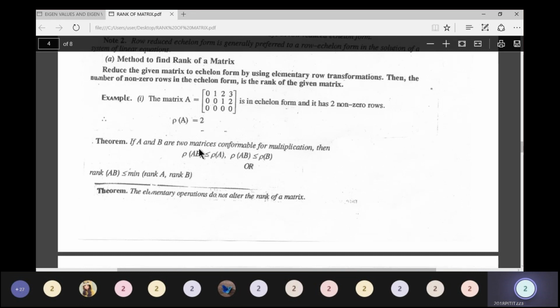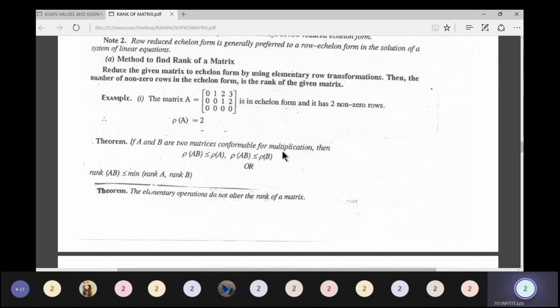If A and B are two matrices conformable for multiplication, then, matrix multiplication is possible if the number of columns in the first matrix is equal to the number of rows in the second matrix.